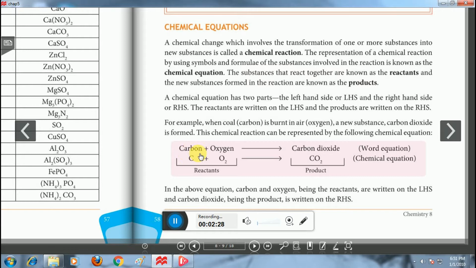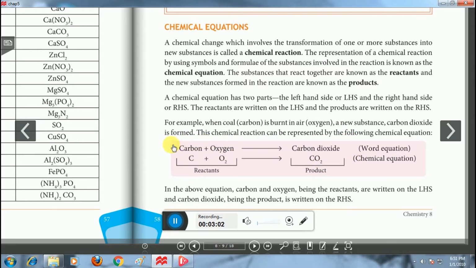Carbon is solid in nature, oxygen is a gas, and carbon dioxide is in the gaseous state. So our word equation becomes carbon plus oxygen gives carbon dioxide, and the symbolic representation of this word equation will be C plus O2 gives CO2. Now C for carbon, O2 for the oxygen molecule, gives CO2, that means carbon dioxide.